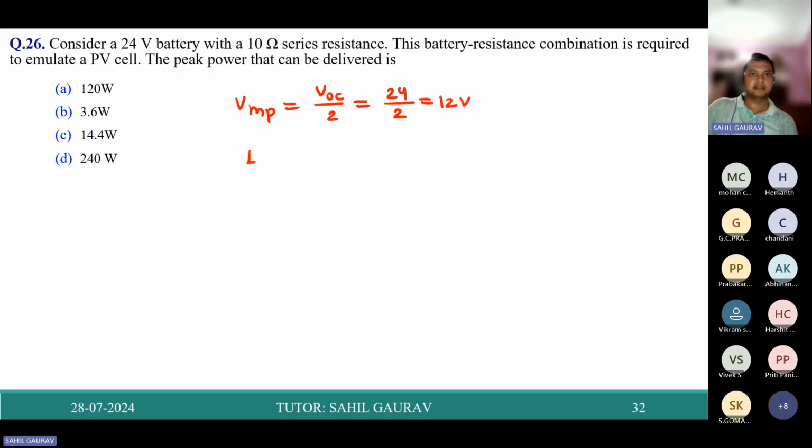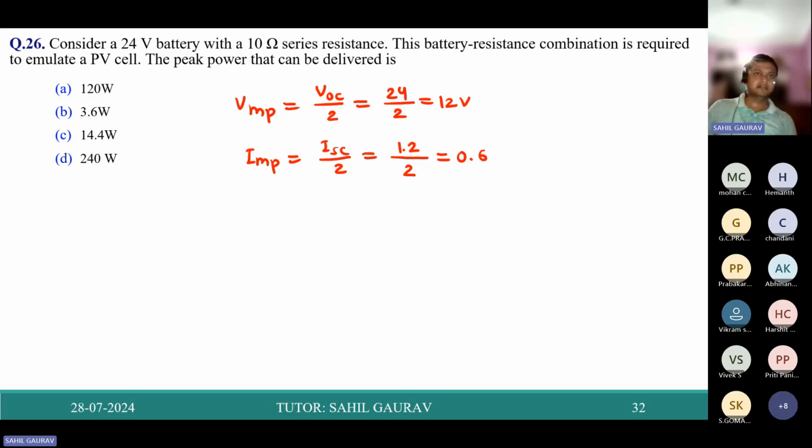And IMP will be ISC upon 2. So ISC will be VMP upon R load.